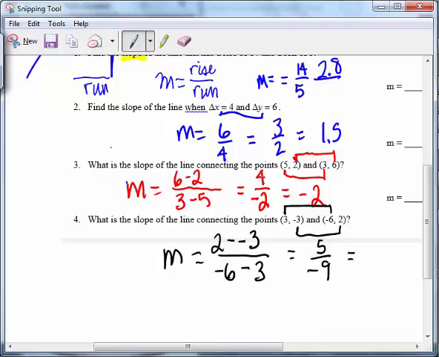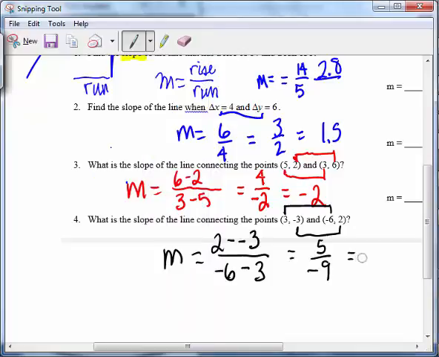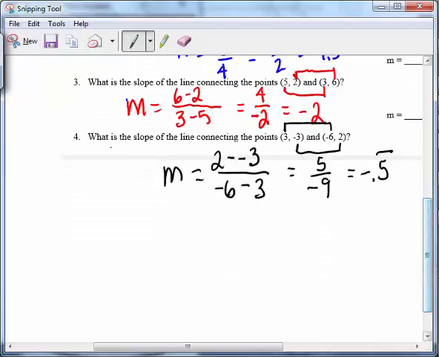Negative 5/9, which if you do that on your calculator, 5 over negative 9 is negative 0.5 repeating. So I don't know how many decimal places you want to do, but I would leave it as negative 5/9. Next one.